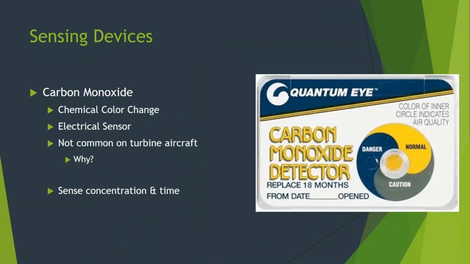But they sense the concentration and the time of exposure. So a small amount of carbon monoxide over a long amount of time can be just as deadly as a large amount of carbon monoxide in a short amount of time. The reason for that, when you breathe carbon monoxide, it binds to the hemoglobin, the oxygen carrying part of your blood, and it doesn't let go. And so as it binds and binds and binds, it prevents your blood from being able to carry oxygen.